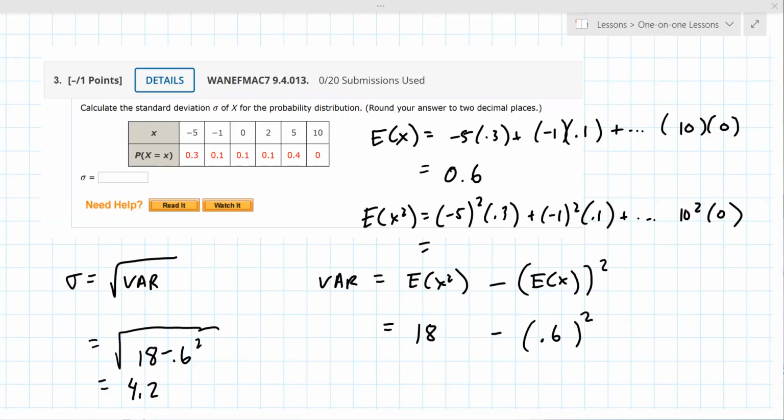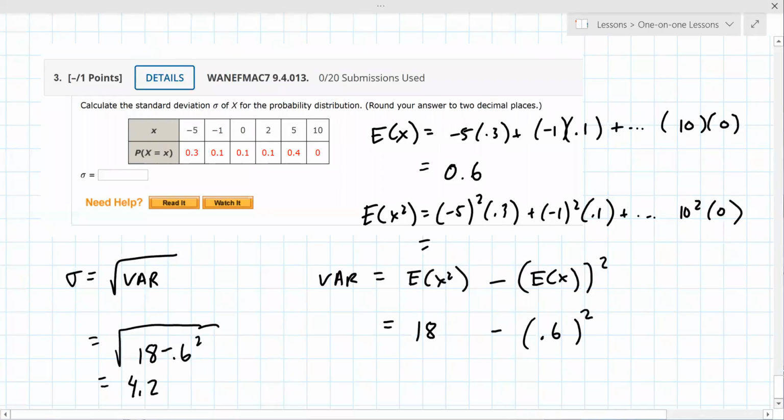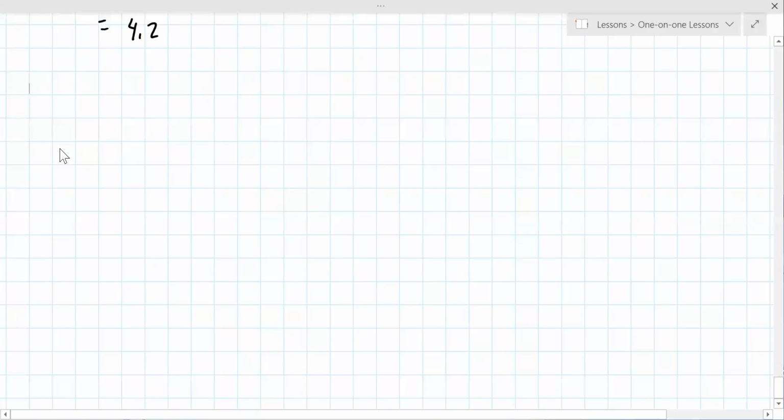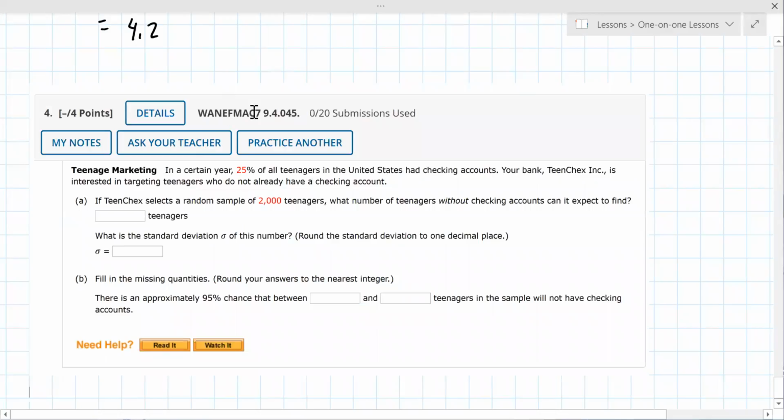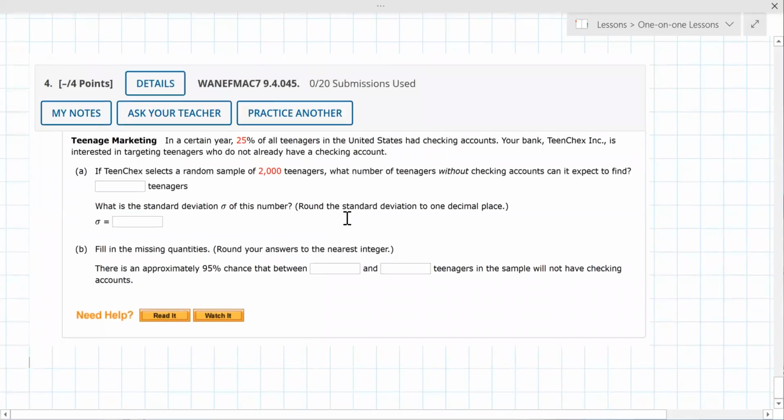Number 4. 1 and 3 are problems I know you can do. You can just put the data in list 1 and then do the one variable stats. Okay. These are a little bit more difficult. If Teen Check selects a random sample of 2,000 teenagers, what number of teenagers without checking accounts can I expect to find?